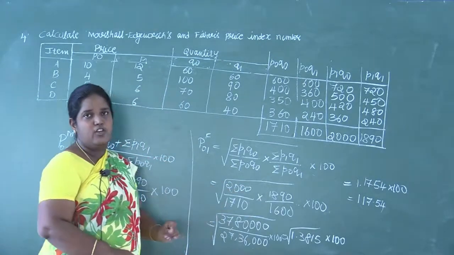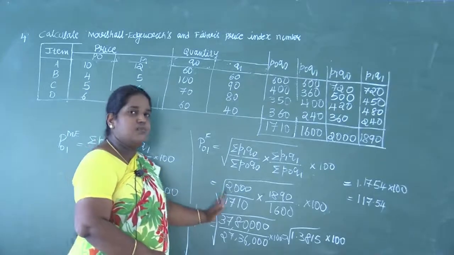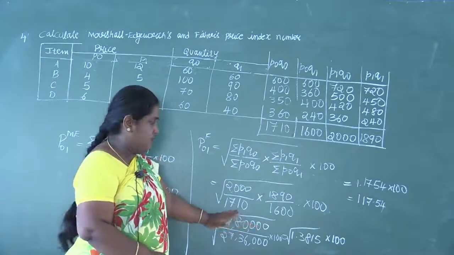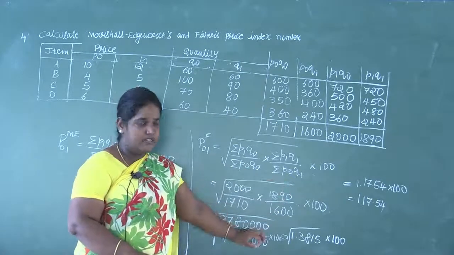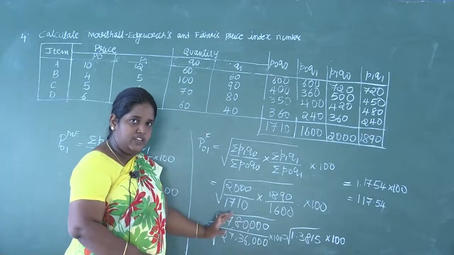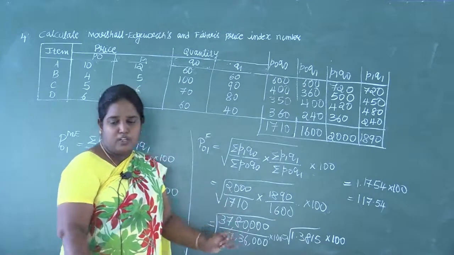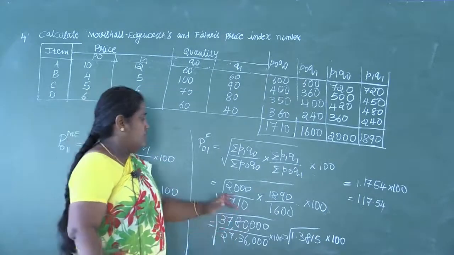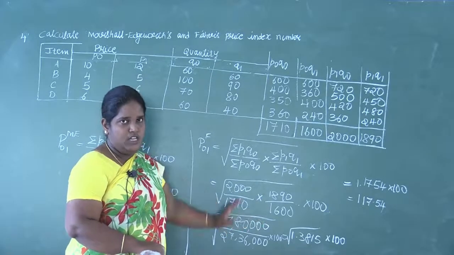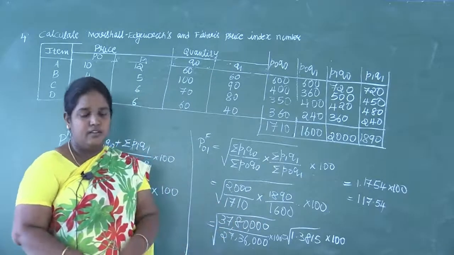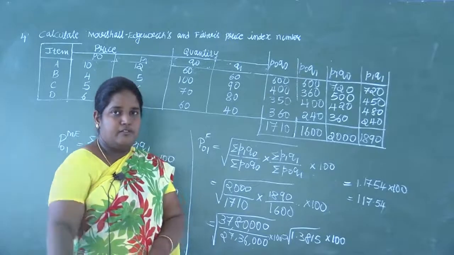But remember, when you are dividing, after decimal you have to compulsorily take 4 points, otherwise you won't get that 117 as the answer. You'll get lots of variation. So when you are doing that method, after decimal 4 numbers you have to take, multiply, take out the square root, at the ending multiply with 100.